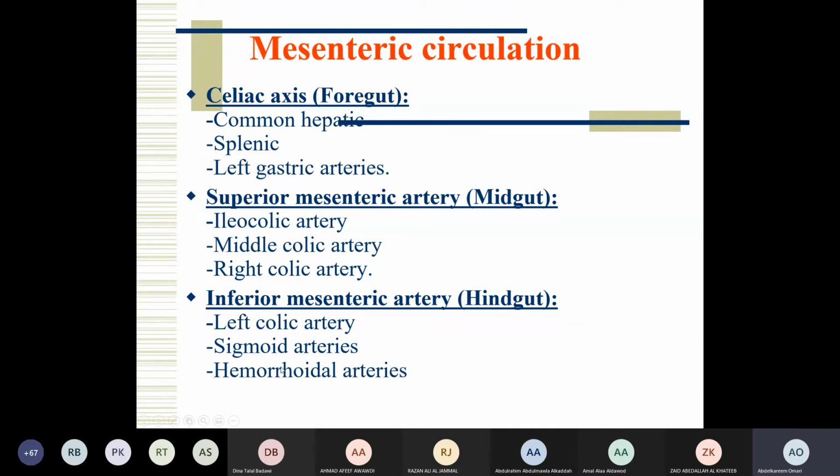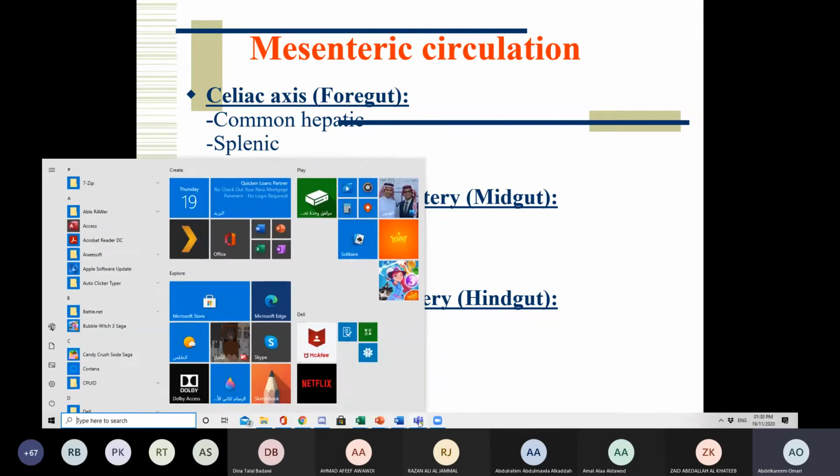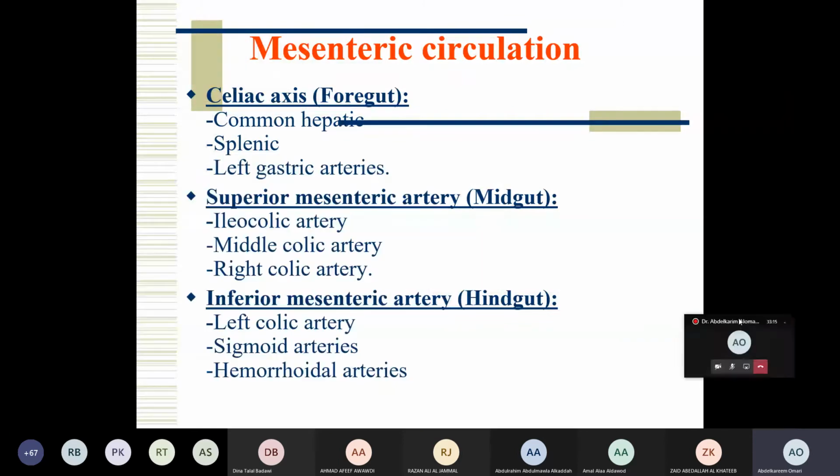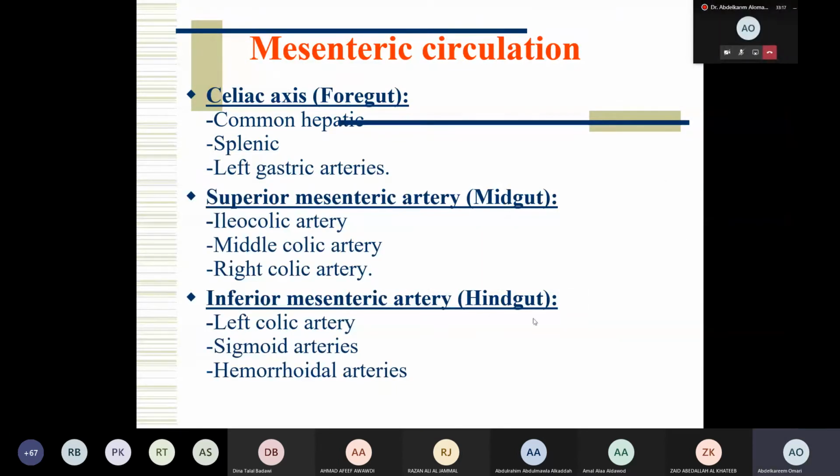They are unpaired, meaning they are single arteries, not one from here and one from there like the renals or the testicular, the other things that come off the aorta. The celiac axis supplies the foregut. Its main branches are the common hepatic artery, the splenic artery, and the left gastric artery.